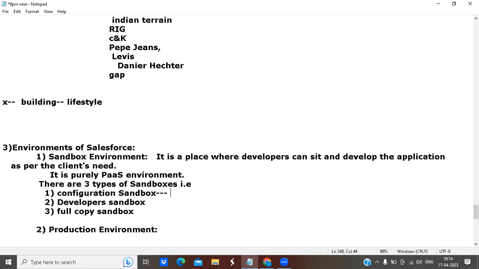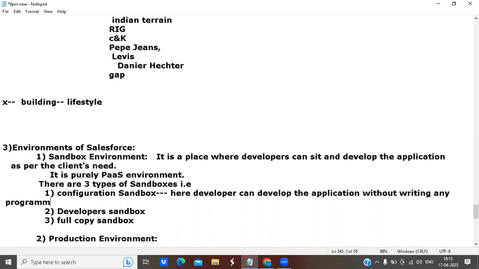Configuration sandbox means here the developer can develop the application without writing any programming or coding. I can say it is purely a QA based environment.